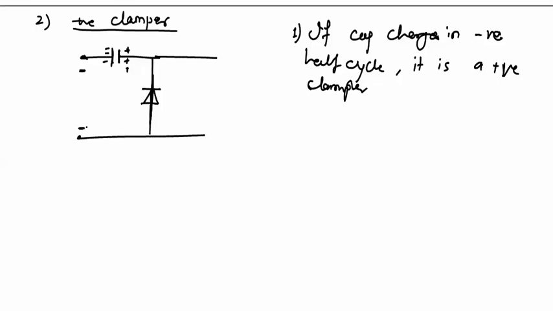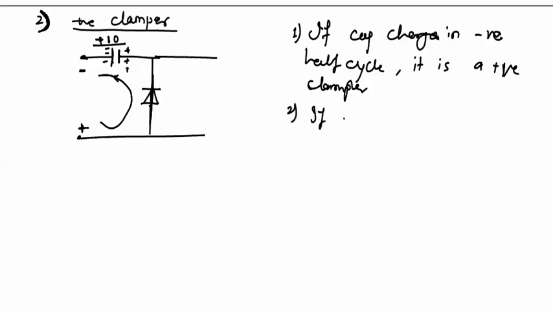When input has this polarity, then only the diode will be forward biased and this capacitor will be charged with the polarity. As we have seen in the earlier circuit, the capacitor was adding a minus 10 volt to each value of input. In this case the capacitor will be adding a plus 10 volt to each value of input, and the whole waveform will be shifted above the zero reference, that is the DC level will be plus 10 volt.